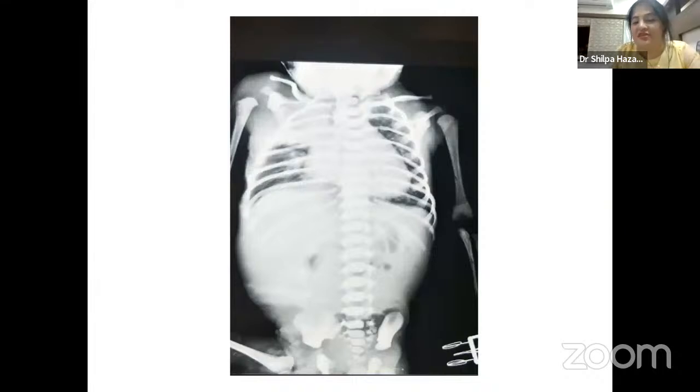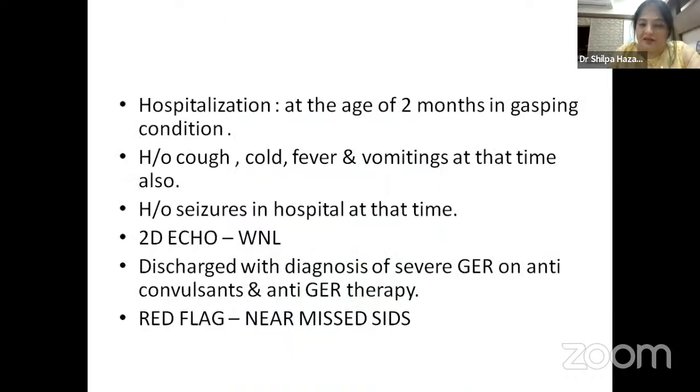This was the same X-ray which I used in the theory also. There was a right upper lobe consolidation. There was a history that at 2 months of age this child was admitted in some hospital in a gasping condition, and at that time also the child had pneumonia on the right side, with cough, cold, fever, vomiting, and a history of seizure. 2D echo was normal.